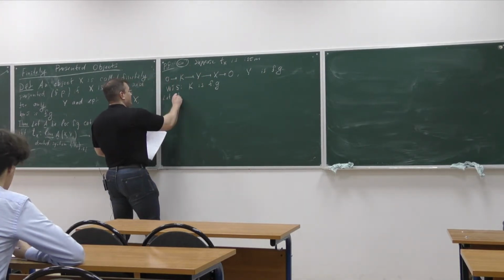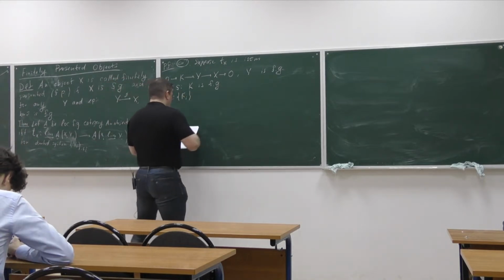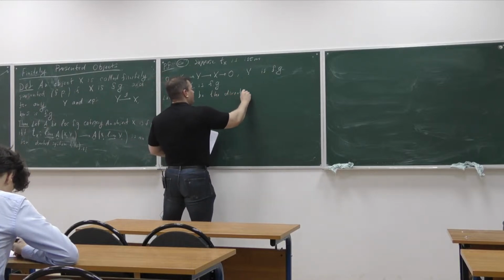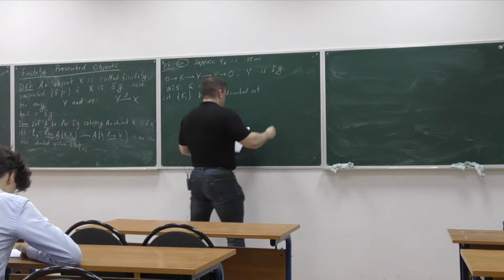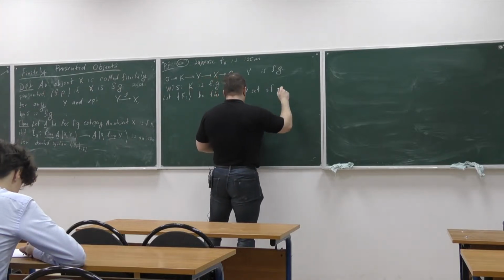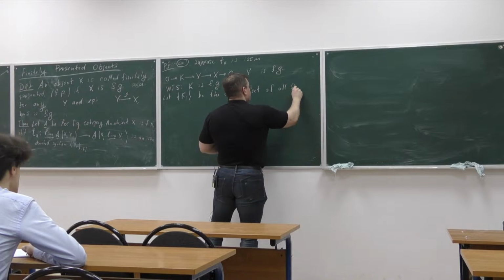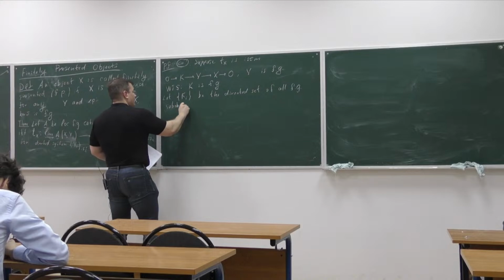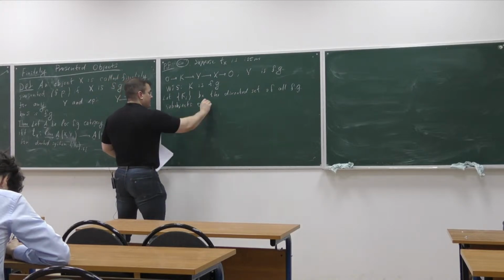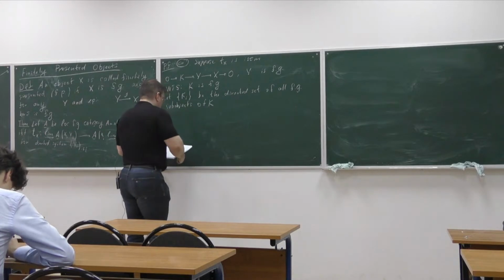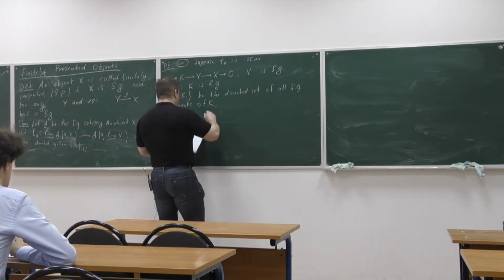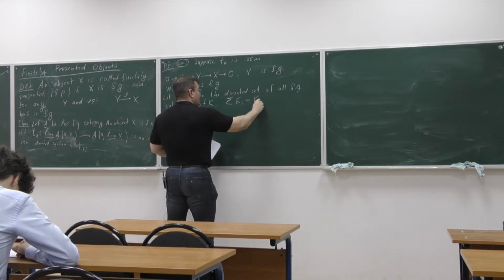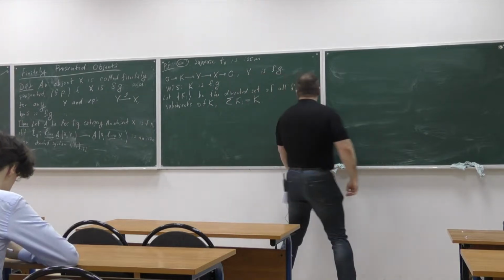So let K_i be the directed set of all finitely generated subobjects of K. First of all, we know that the sum of K_i's is equal to K. How do we know this?